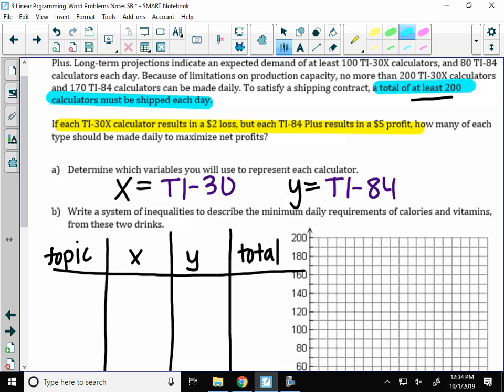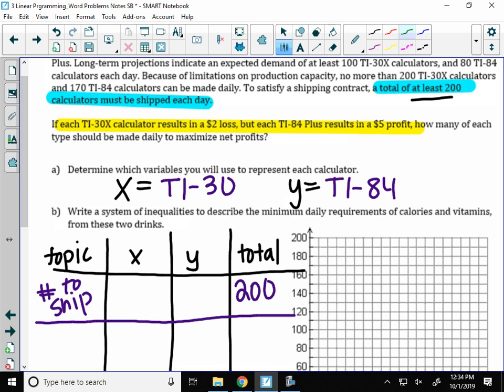So let's put that number in, and let's figure out what would be the topic of that equation. The number is shipped, right? The total to ship. Now, let's make that equation here. We did one like this yesterday. This was the corn and wheat problem yesterday. 200 is the total calculators, yes? So how do you think you'd write this equation?